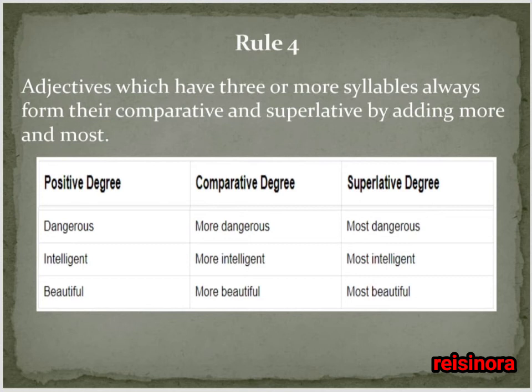Misalnya dangerous. So ada 3 suku kata. So it will be more dangerous, most dangerous. Intelligent, more intelligent, most intelligent. Beautiful becomes more beautiful and then most beautiful.